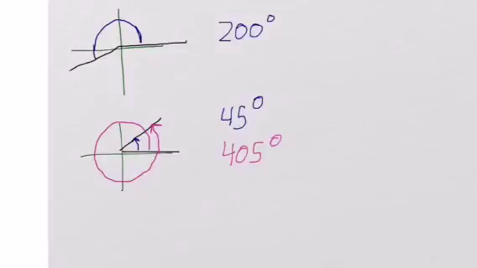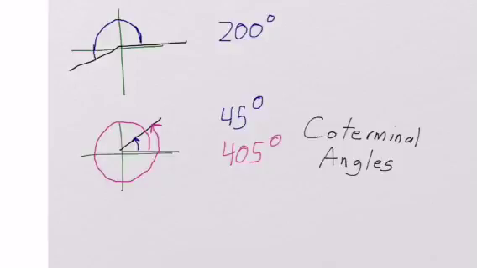So this is what we call coterminal angles. It just means that the terminating edge, which is the edge that's not our initial edge along the x-axis, is the same for both of them.